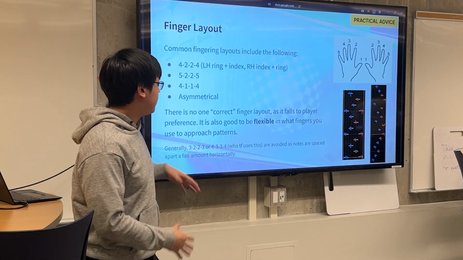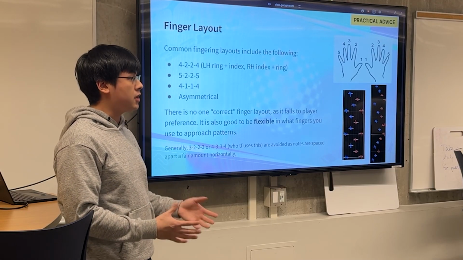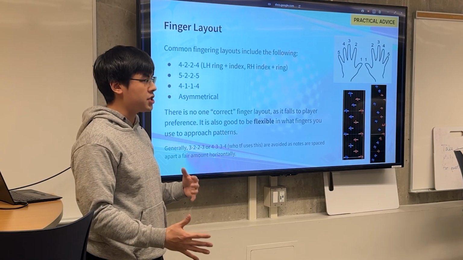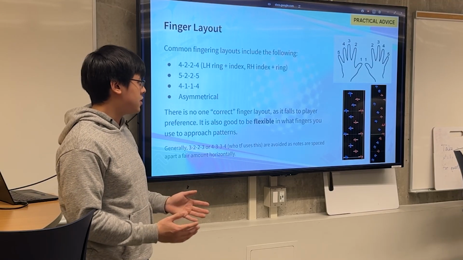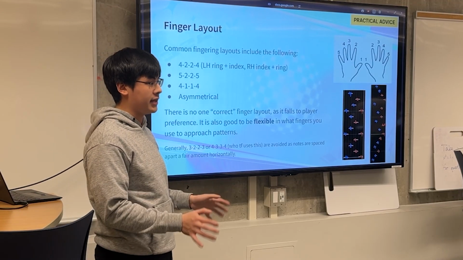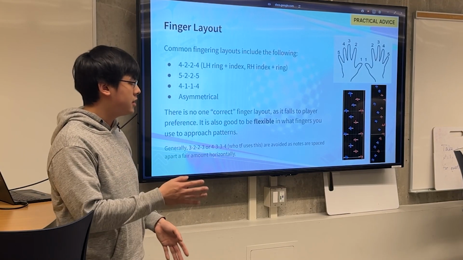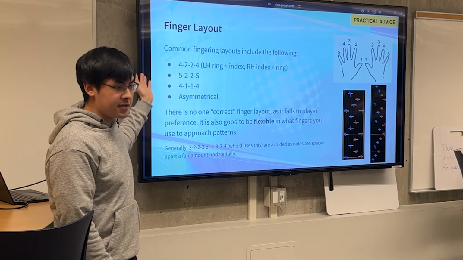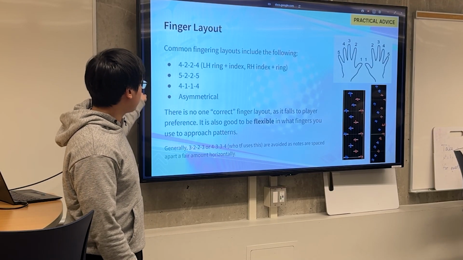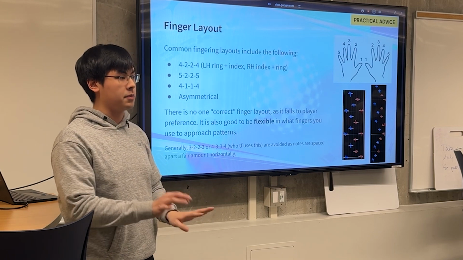So in terms of fingering layouts, a lot of basic Chunithm patterns, when you're reaching advanced experts, even basic patterns in masters, generally follow a 4K layout. So that'll be 4 quarters of the playfield. And so it is common to adopt some of these different fingering styles. 4-2-2-4 just refers to ring and index finger on both hands.